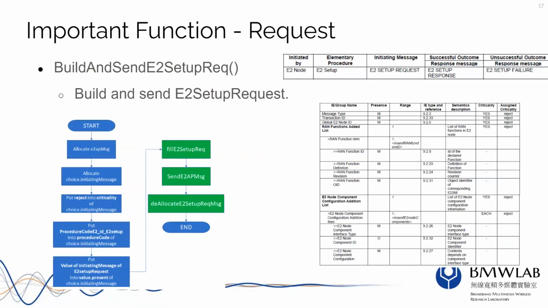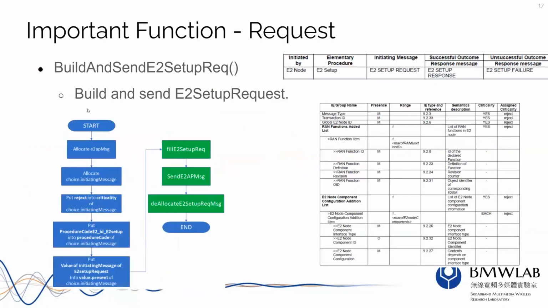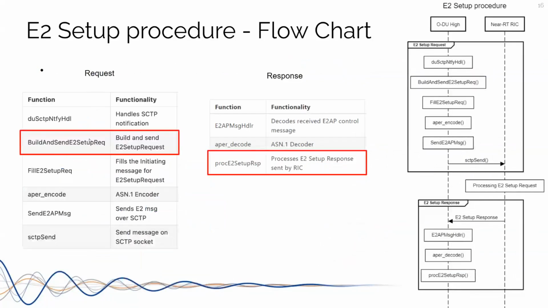Every function in the request is related to this, and in this step the DU will build and send the E2 setup request. The final target is to send the E2 setup request to the RIC.